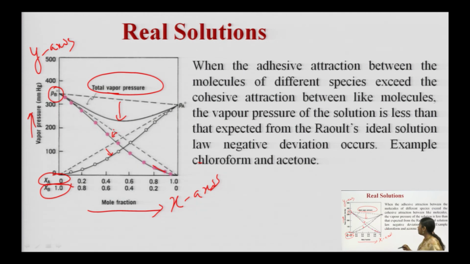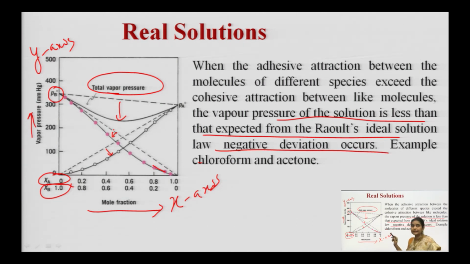So, when the vapor pressure of the solution is less than that expected from Raoult's ideal solution, we say that negative deviation occurs. An example is chloroform and acetone.